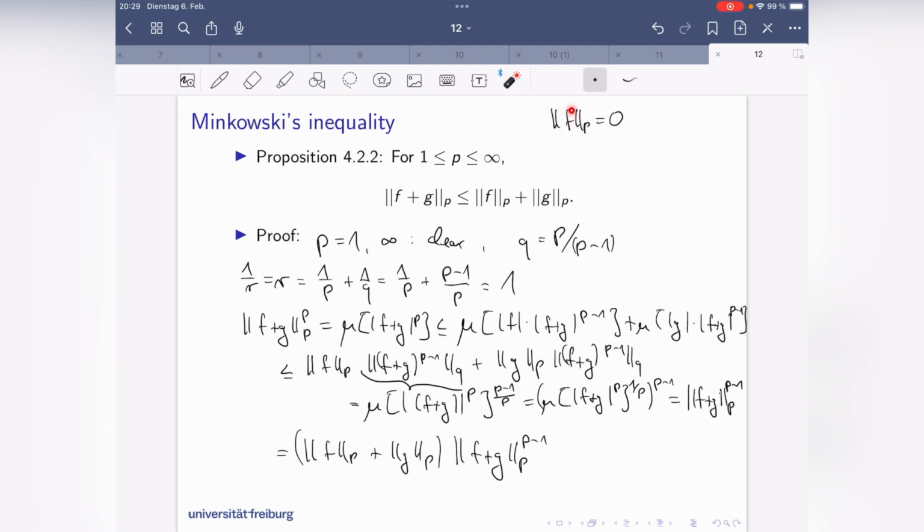It means that not f equals 0, but f equals 0 almost everywhere. So it's not really a norm. You have to make some quotient in order to make it a real normed space. But still, it's almost a norm.